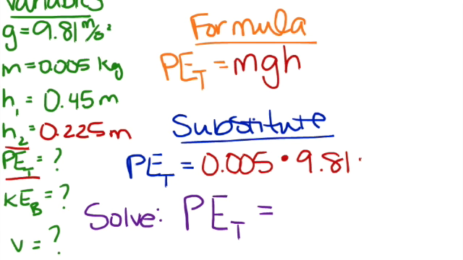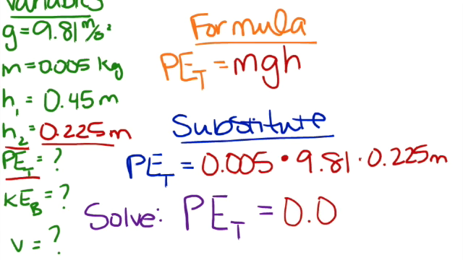And for the height, we're going to use the height that we just found, so 0.225 meters. And we solved that. I just plugged it into my calculator, and it came to 0.011036. Ooh, that's long. Joules, because that's the unit for energy.